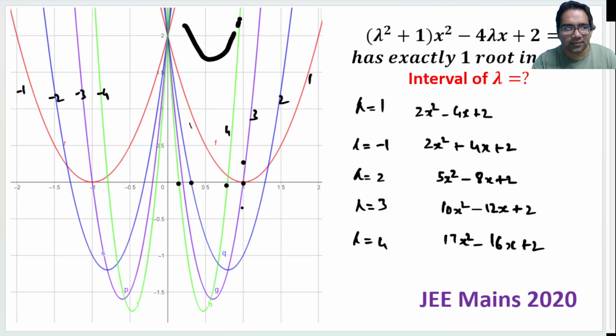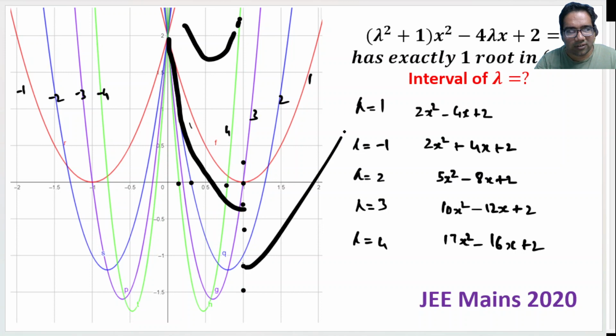Whereas if at x equals 1 the function is negative, then there will definitely be one root between 0 and 1, because we have to connect this point 2 and whatever is this negative point. Whatever line we draw when y is negative at x equals 1, whether it is this point or this point, when you connect the two points, the curve will definitely cross the x-axis, and it will cross only once.